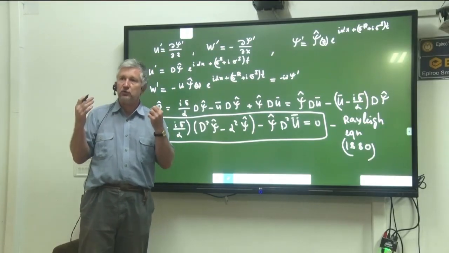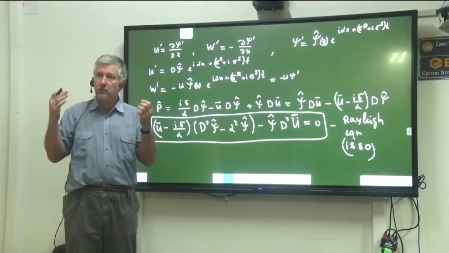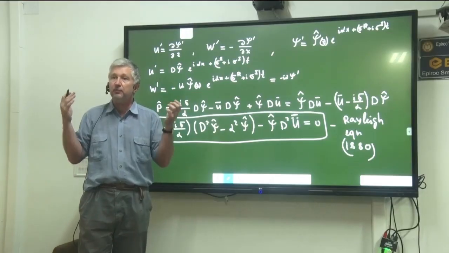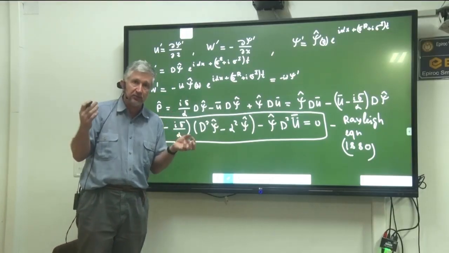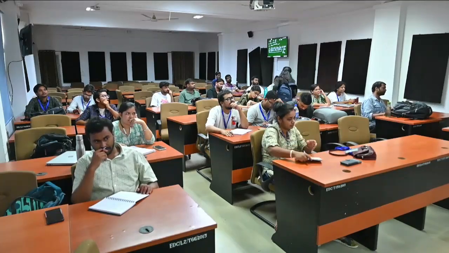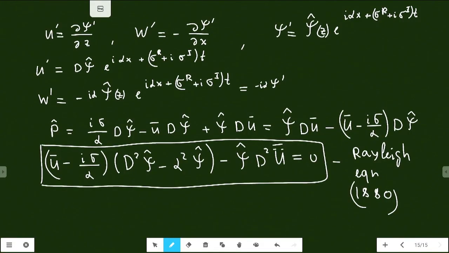So we are trying to see what type of flows we can observe and which ones we can't really observe because of various instabilities. So that's the physical question here. There are two characteristics of perturbations.